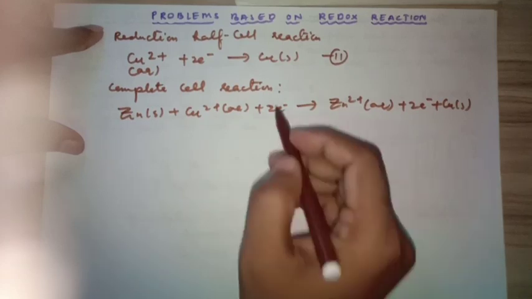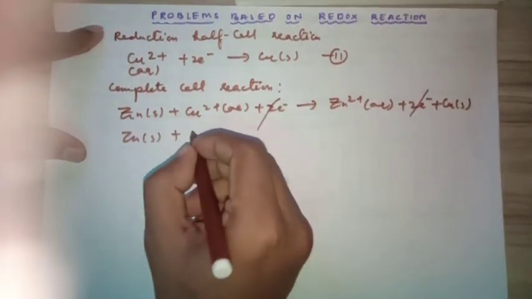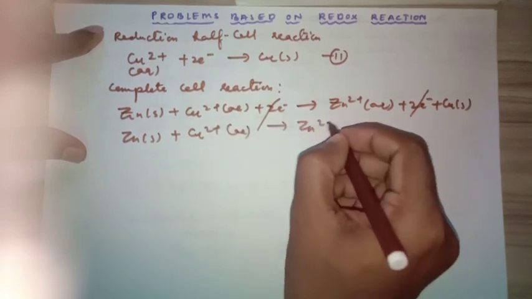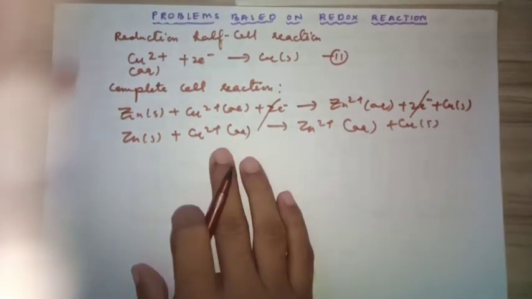The 2 electrons and 2 electrons will be cancelled out, so it will be Zn solid plus Cu2 plus aqueous gives us Zn2 plus aqueous plus Cu solid. So this is our reaction.